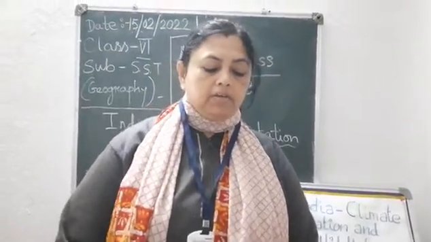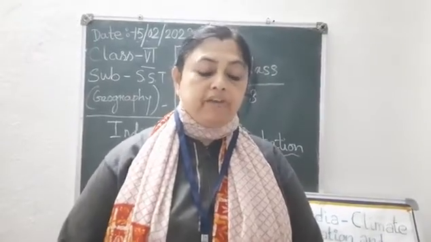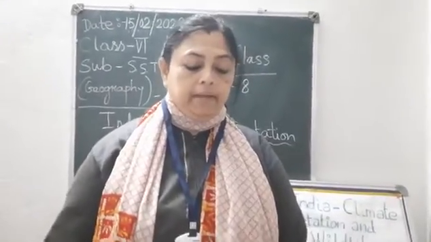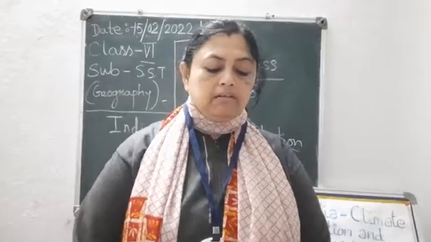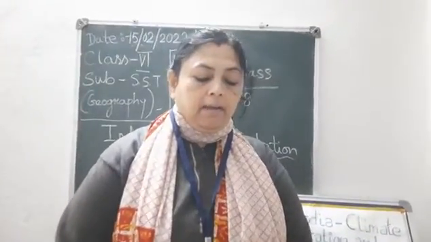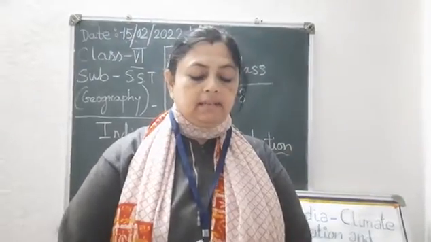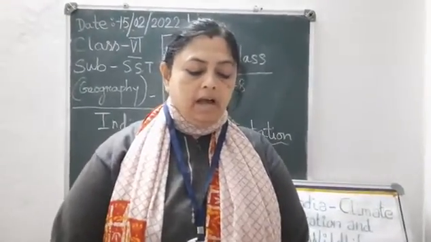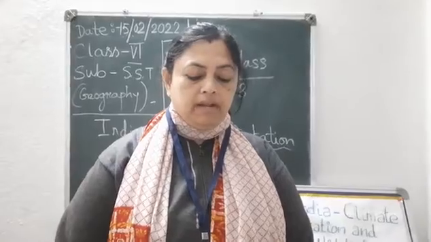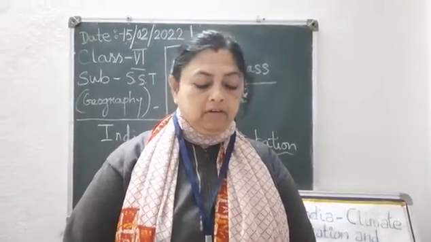Now we will talk about the autumn, or the season of retreating monsoons. Retreating means going back. By October, the temperature in northern India begins to fall and the sun shifts towards the southern hemisphere. High pressure and low pressure zones develop over the Bay of Bengal.